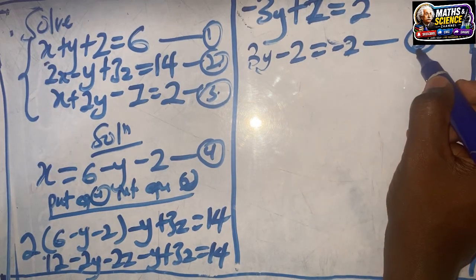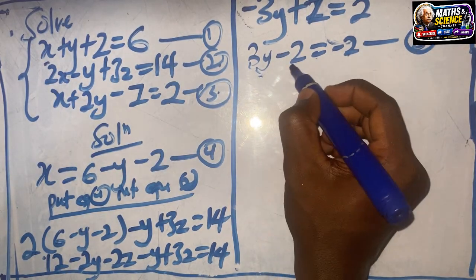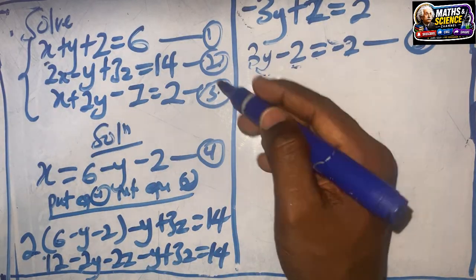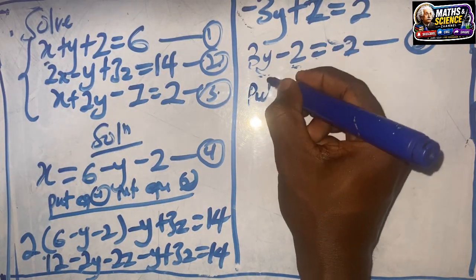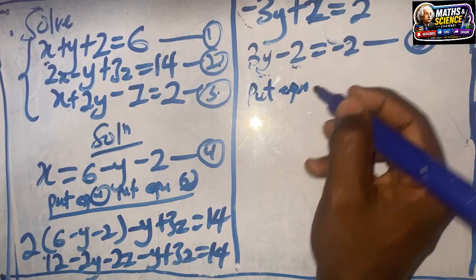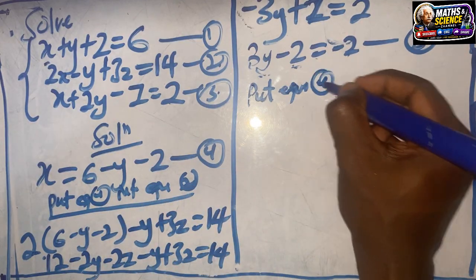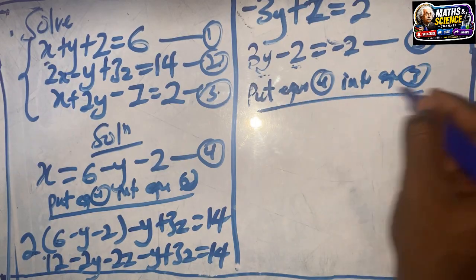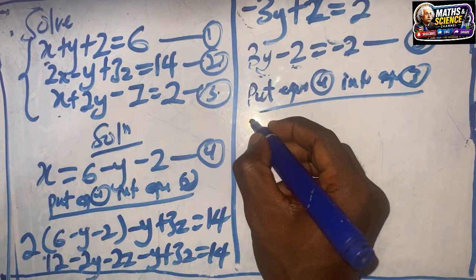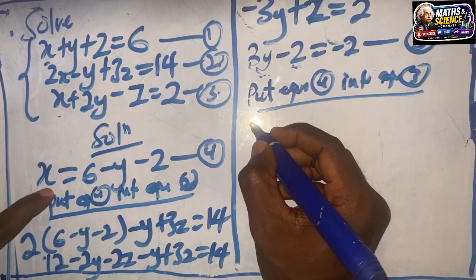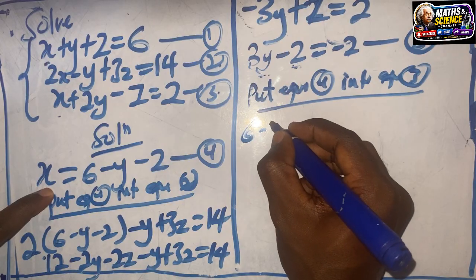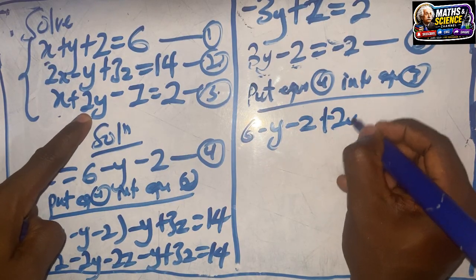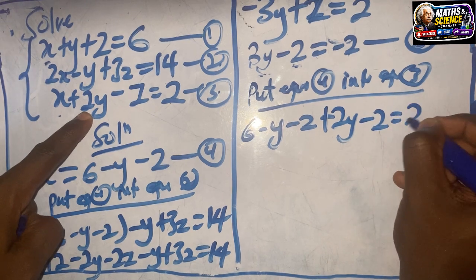I have equation 5, I have components of y and z, right? But none of the components contain x. So what I can also do is put equation 4 again into equation 3. So equation 3, we replace the whole of that: minus 6 minus y minus z, and then I have plus 2y minus z equals 2.